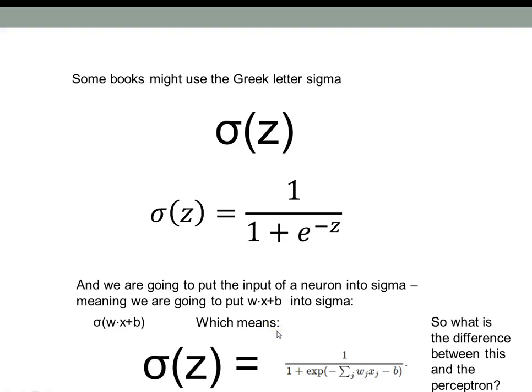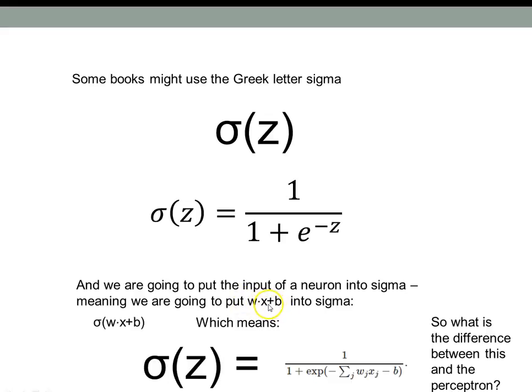So some books use a Greek letter for the sigmoid curve, and so you have it like this. And we're going to put the input of a neuron into this sigma. So remember what's going to go into the sigmoid curve? The inputs, right? And how can we express them? We already said we can express them compactly like this.